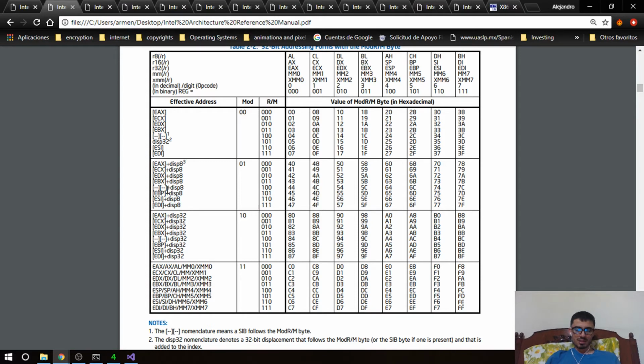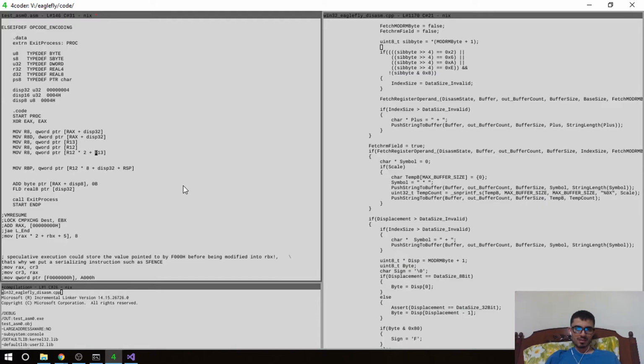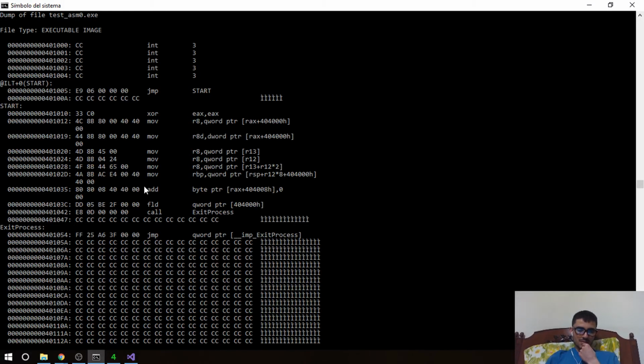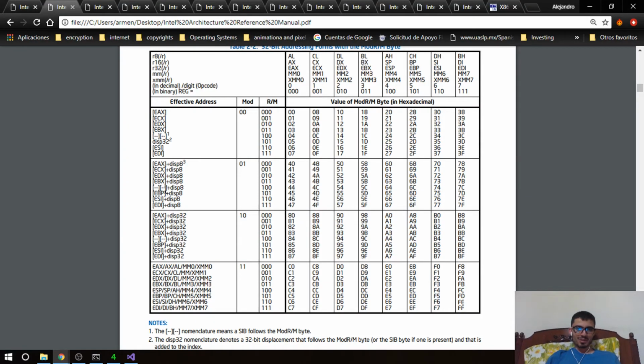Well, this tells me that there's a displacement here of 8, which is a little bit weird. Their displacements are kind of weird, it always chooses to use this one instead of using this one. Well, I don't need the displacement at all, but whatever.